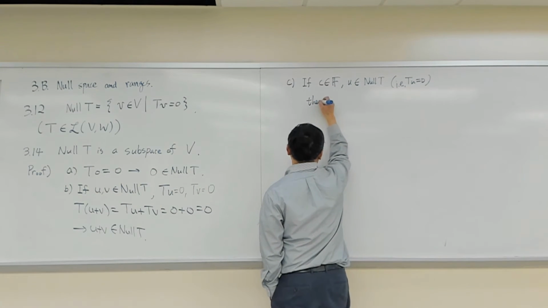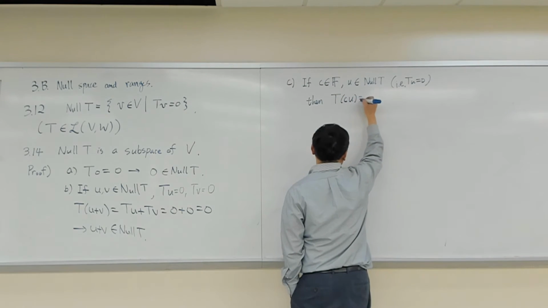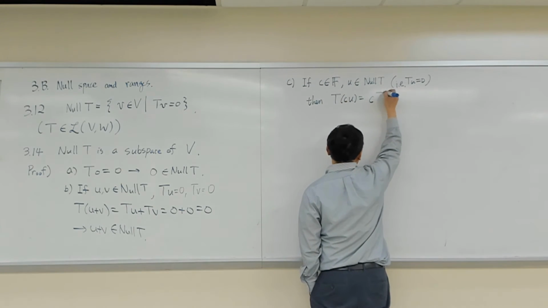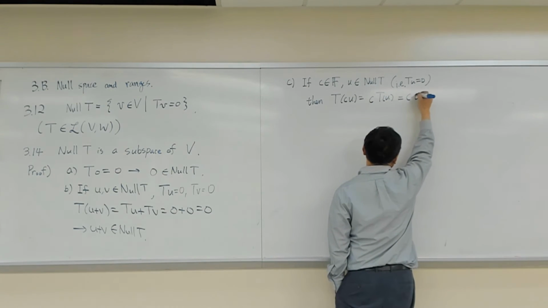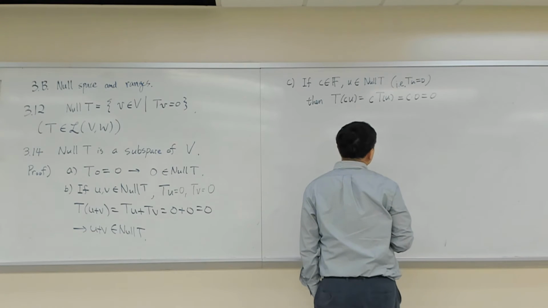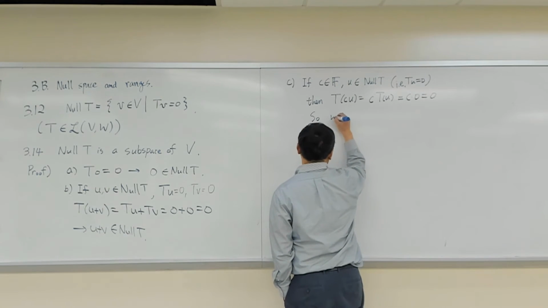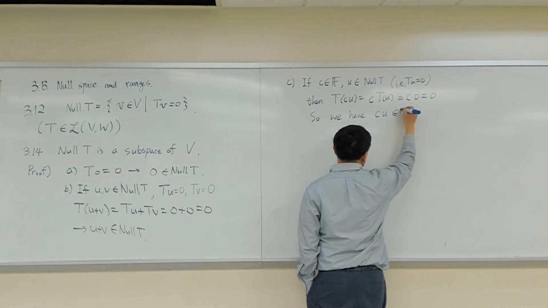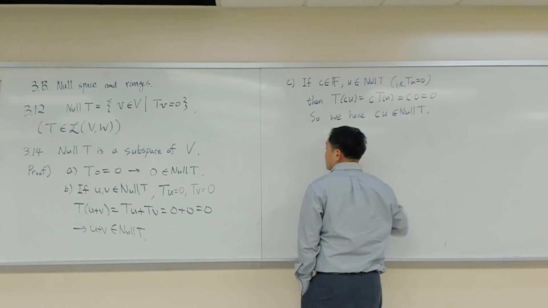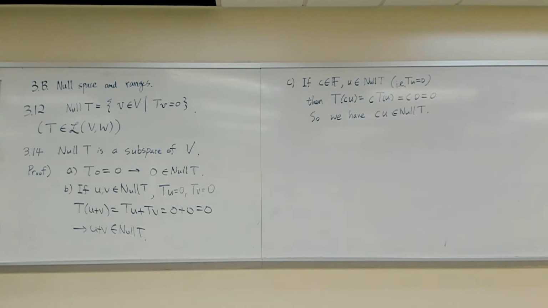Then T of CU, by homogeneity of the linear map, this is true, but that's C times 0, which is 0. So we have CU in null T. So we proved the 3 conditions for being a subspace. So 3.14 is proved.